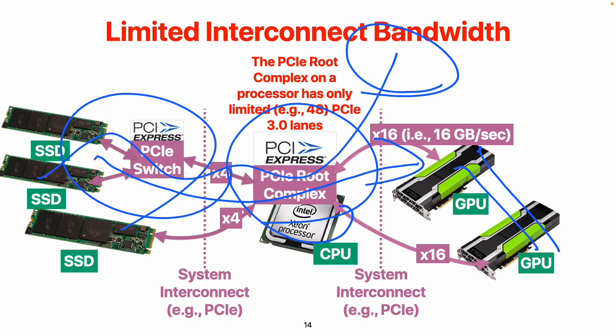Okay, what do you think? Energy? No, energy is better because you don't have to go through the main memory, right? So that's the pro. Maybe the performance would be worse than the current one.